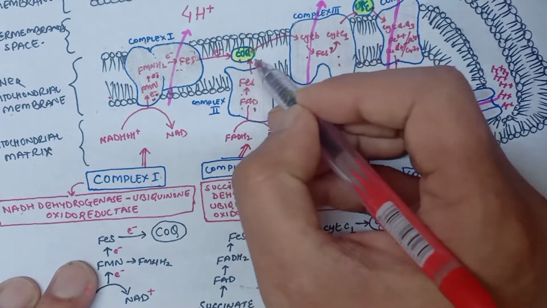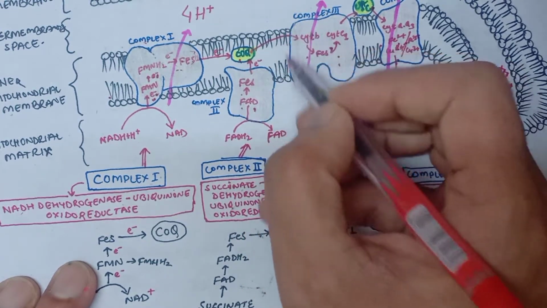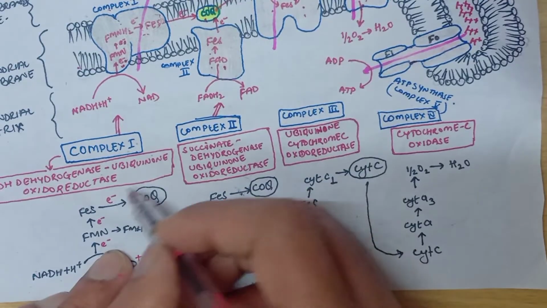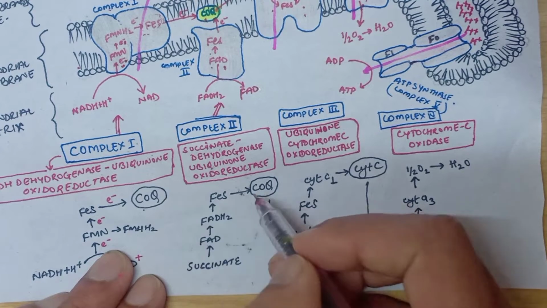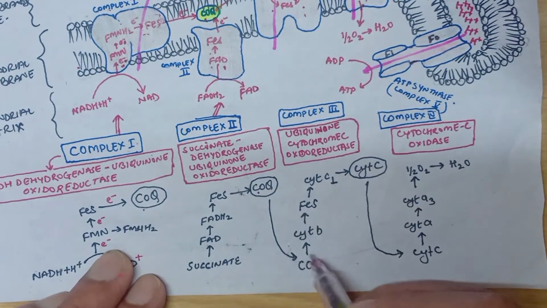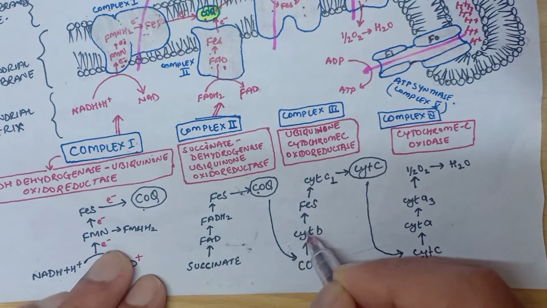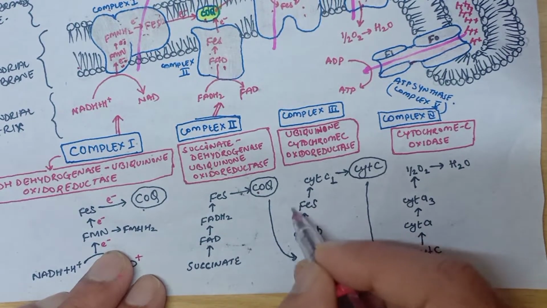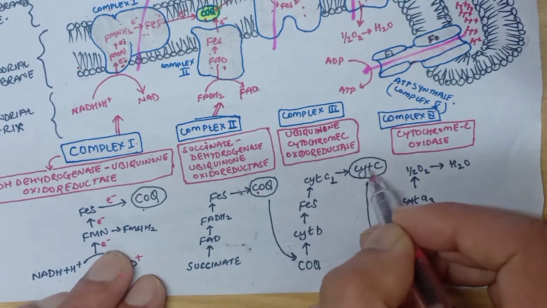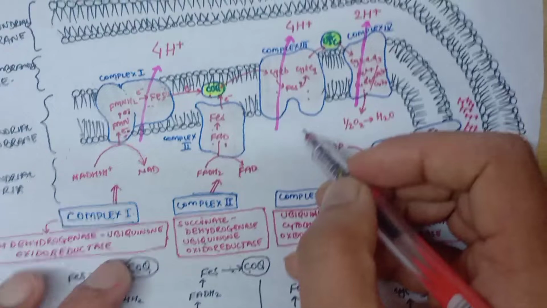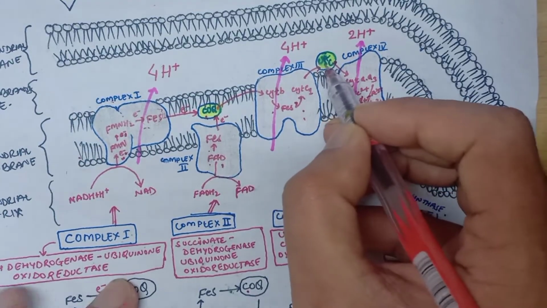Now this coenzyme Q will transfer electron to complex 3. This coenzyme Q will transfer the electron taken from complex 1 and complex 2 and will give it to cytochrome B. Now the electron from cytochrome B will be donated to iron sulfur protein, and then to cytochrome C1, and finally to cytochrome C. Here cytochrome C is also a mobile electron carrier.